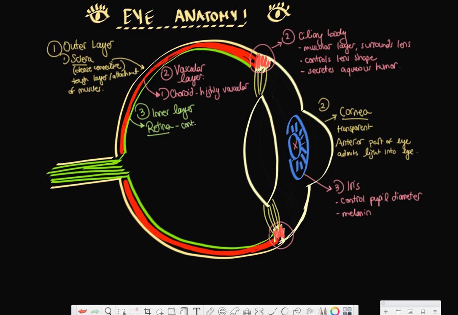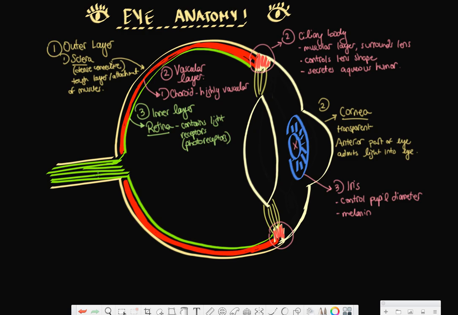So this contains light receptors that we call photoreceptors, as well as many other types of neurons that are going to process this visual information.